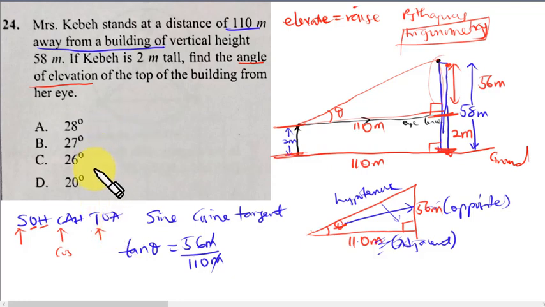So if you know the hypotenuse and the opposite side, you use sine. If you know the adjacent side and the hypotenuse, you use cosine. But because we don't know the hypotenuse here, but we know the opposite and adjacent, we use tan here. So we say tan of the angle theta equals 56 on 110.